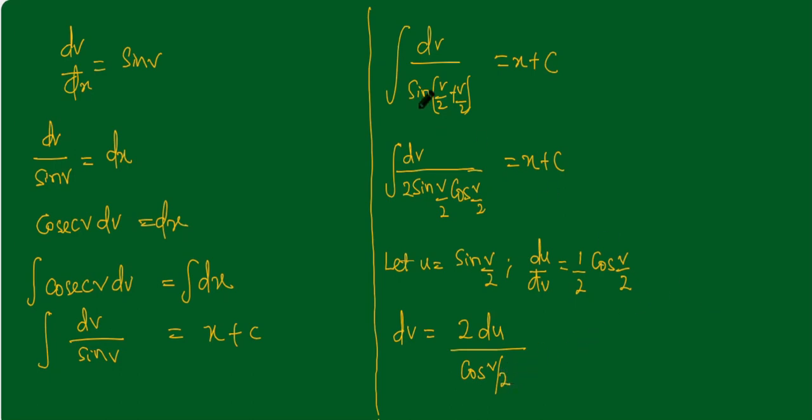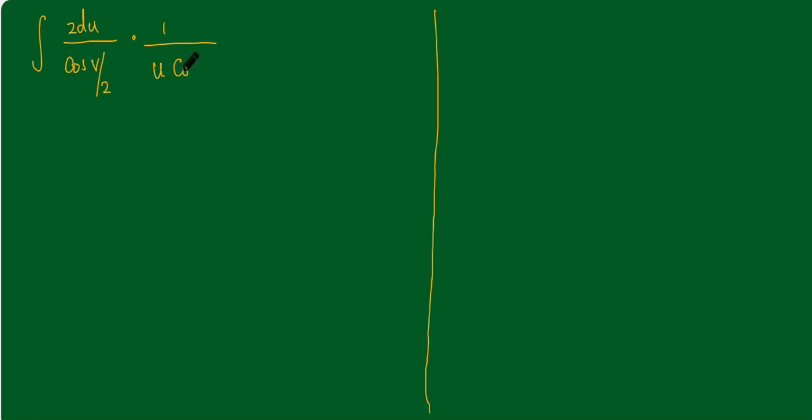We can then substitute this into our integral, and we have the integral of 2 du divided by cos v over 2 multiplied by 1 divided by u cos v over 2 is equal to x plus c.